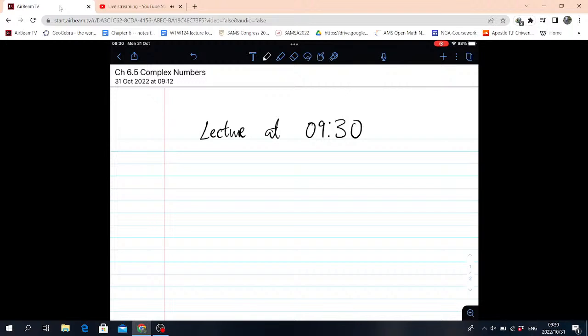So good morning, everyone. Welcome to our last section on complex numbers. And we will finish off tomorrow on complex numbers, but this is the last section. And so we are going to talk about roots of complex numbers.